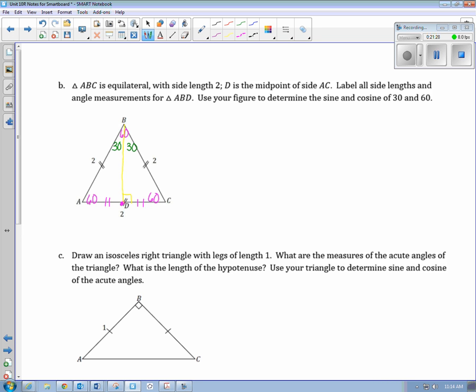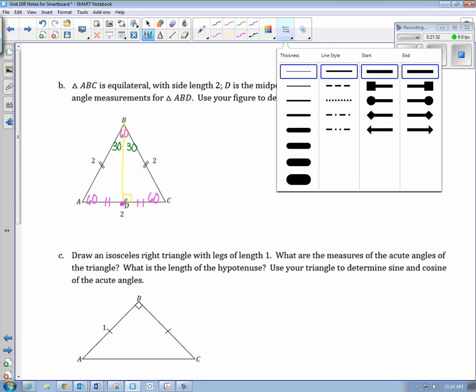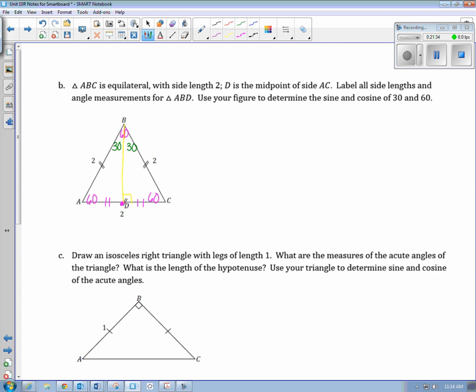So right now, if I focus on my right triangle that's on the right-hand side, I essentially have a 30, 60, 90 triangle. So here's 30, 60, 90, and I know that this side is 2.